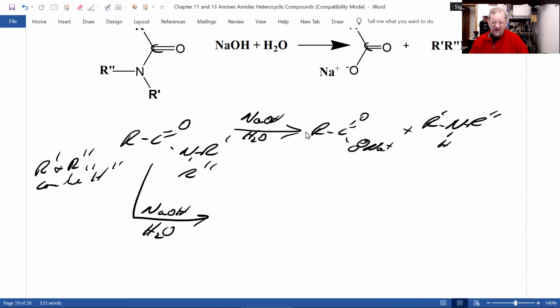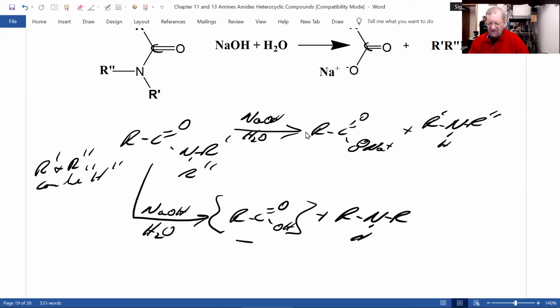Initially, when you do your acid base hydrolysis, you'll get the carboxylic acid used to make that amide, but I'm putting in brackets because you can't isolate it, plus the amine you would have used to make that amide. But you're in the presence of base.